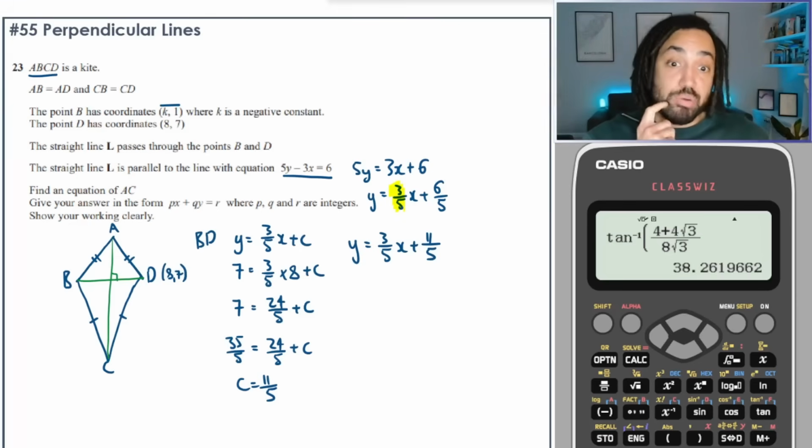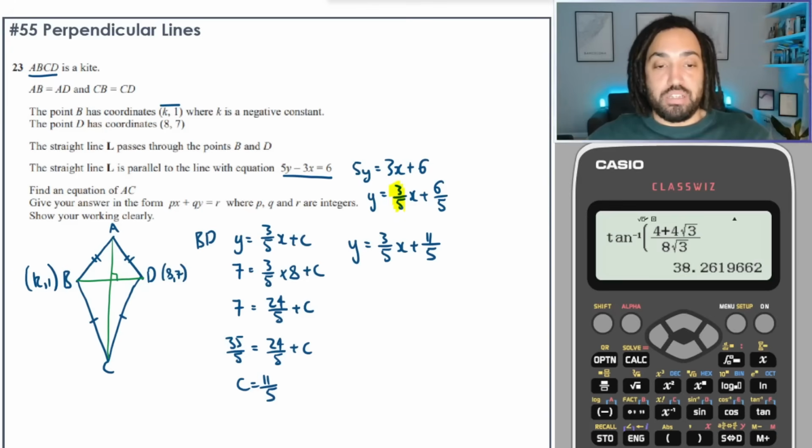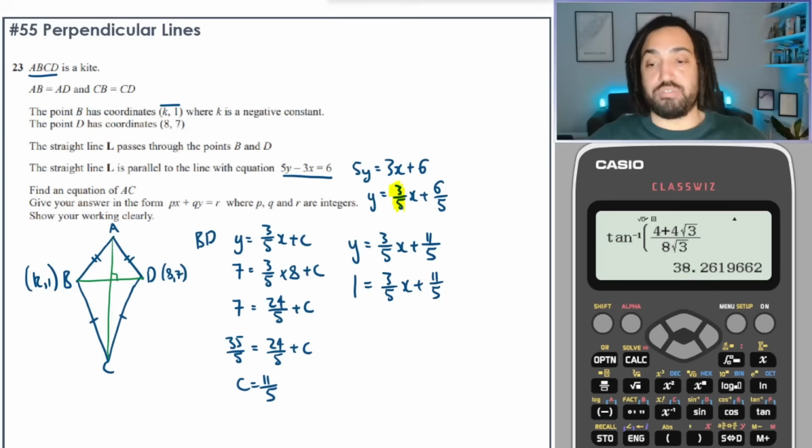Okay, so that's helpful. Now we've got the equation of BD, we can find a point on BD which we don't fully know yet, and that's K, the point B. So we can find K by subbing the y coordinate into our equation of the line, and that should give us the corresponding x coordinate. So y equals 3/5 x plus 11 over 5.